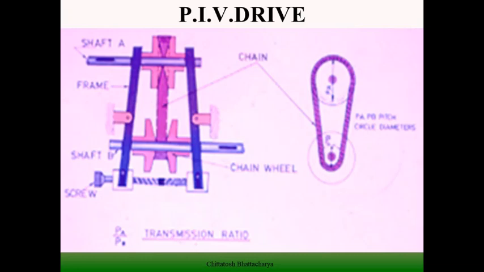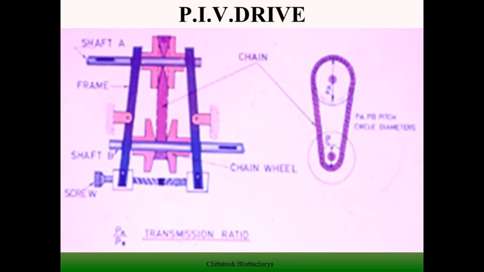These gears are connected to each other by a frame, and this frame is pivoted in such a way it can tilt, and there is a chain, the PIV chain, which is running over this set of bevel gears.